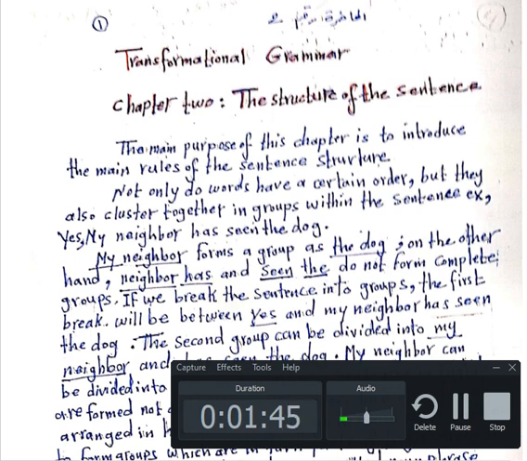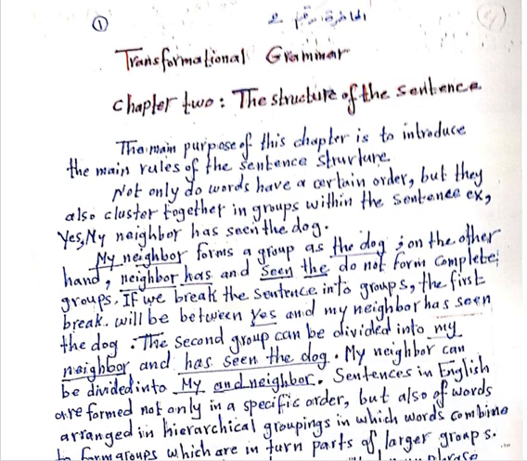In this sentence, "Yes, my neighbor has seen the dog," my neighbor forms a group, as the dog also forms a group.